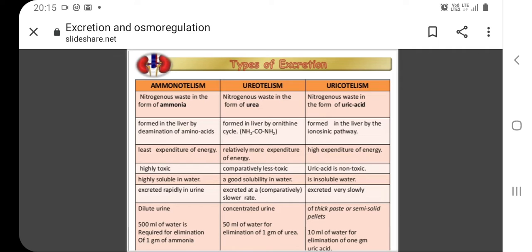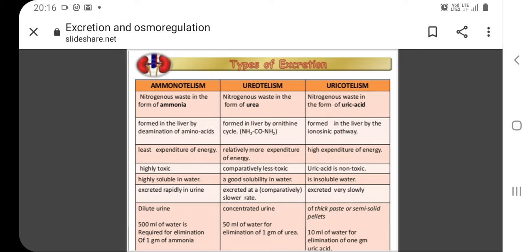There are various types of excretion like ammonotelism, ureotelism, and uricotelism. I have discussed these types of excretion briefly. Though I have covered most of the points, like in ammonotelism, the nitrogenous waste is in the form of ammonia.